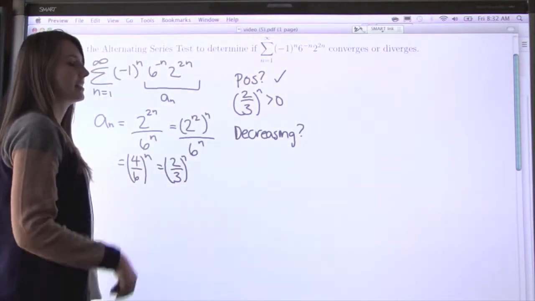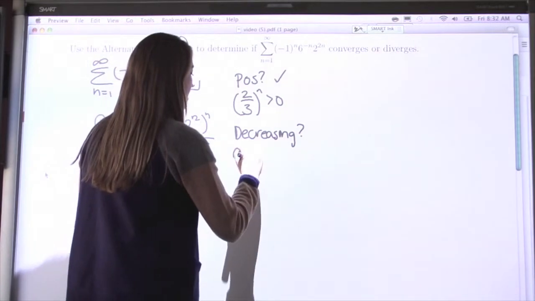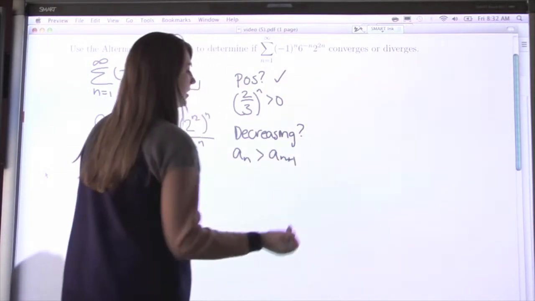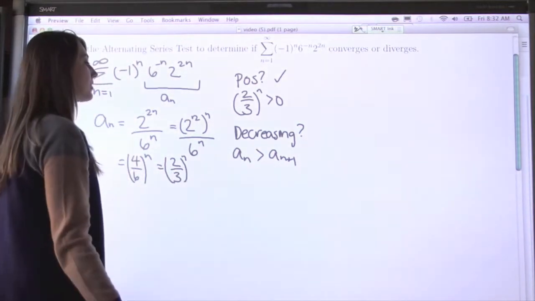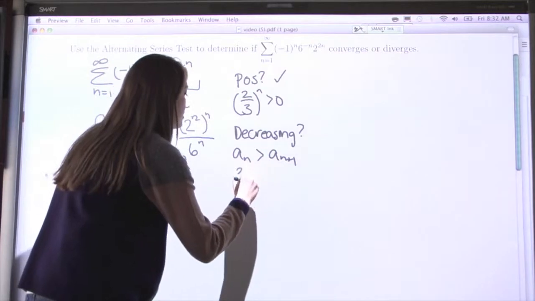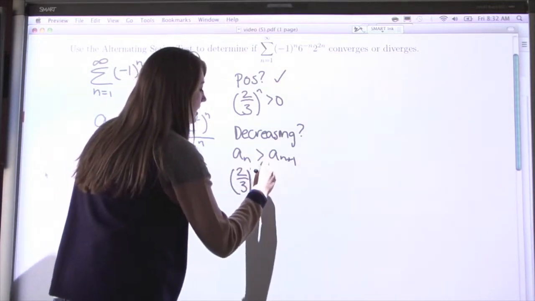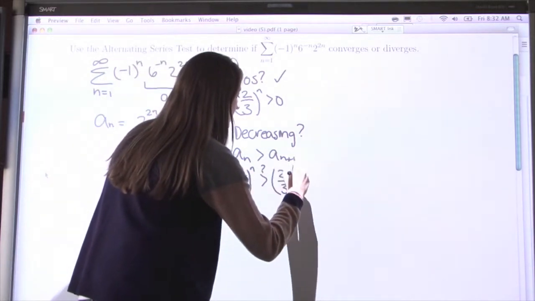This one's saying that the next term is smaller than the previous term. So we can say that a sub n is greater than a sub n plus 1, right? So the next term is going to be less. So that's 2/3 to the n. Is that greater than 2/3 to the n plus 1?